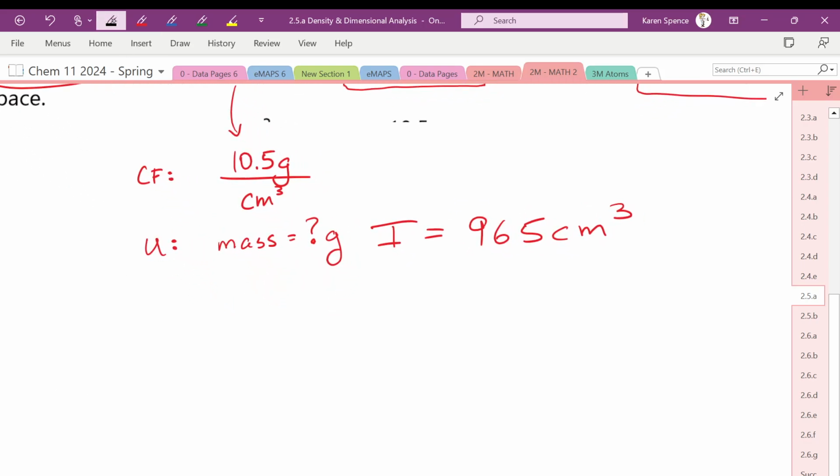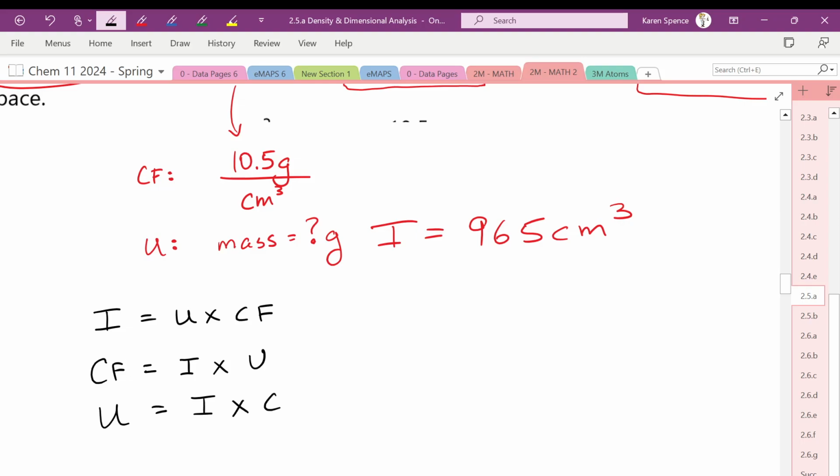You guys are going to tell me which one of these is correct. My initial is equal to my unknown times my conversion factor. My conversion factor is equal to my initial times my unknown. My unknown is equal to my initial times conversion factor. Which of those do you like? Number 3. Yes, that's the one we want.